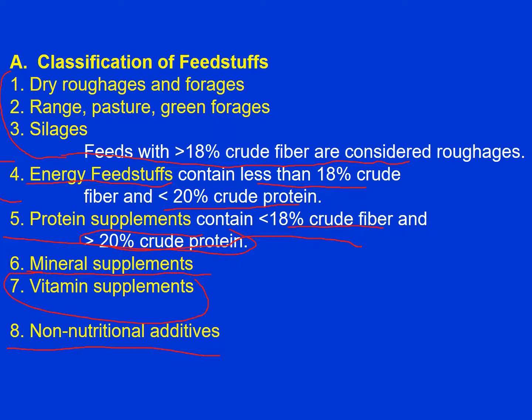Now, food coloring is not really going to influence how much your dog is going to eat, but food colorings are more or less for the humans. We can add growth promotants, which would be a non-nutritive additive, like we can add antibiotics or medicines to our feedstuffs.